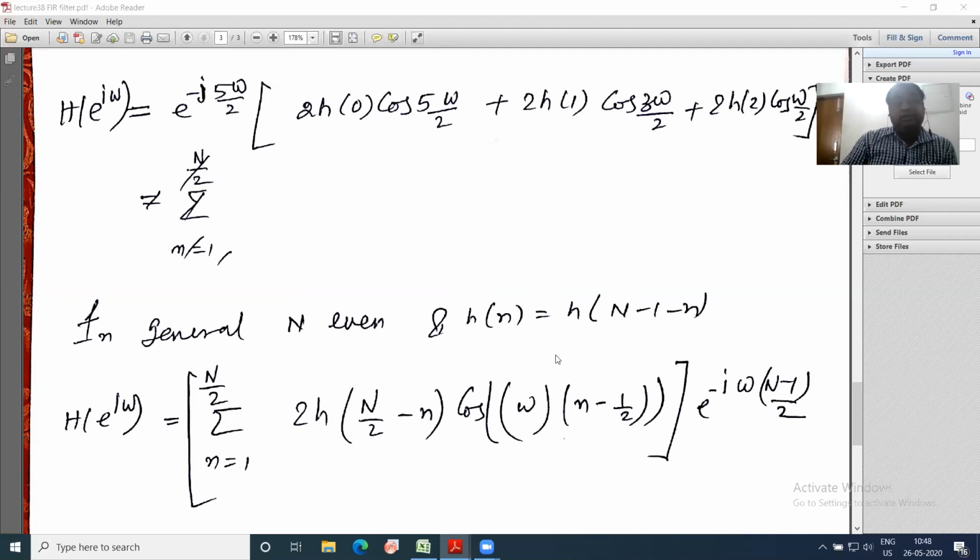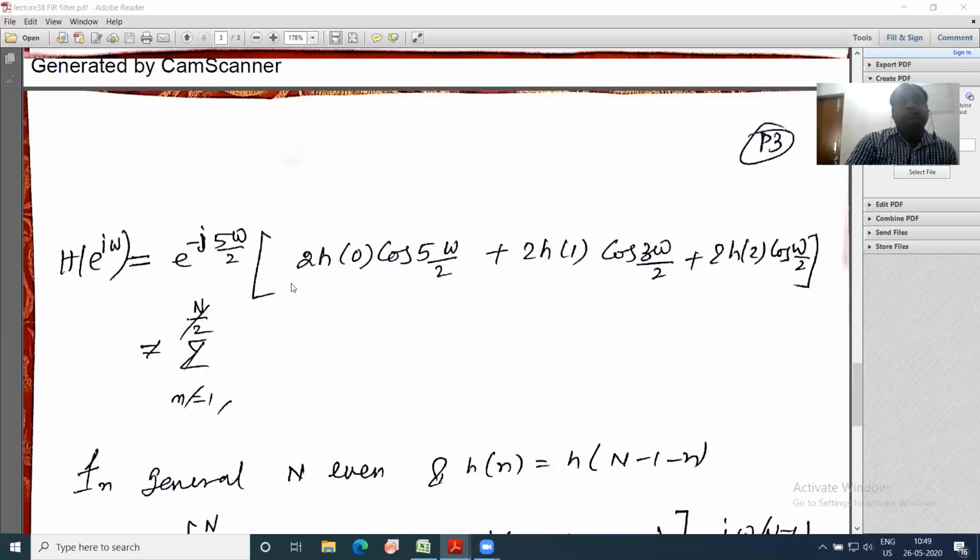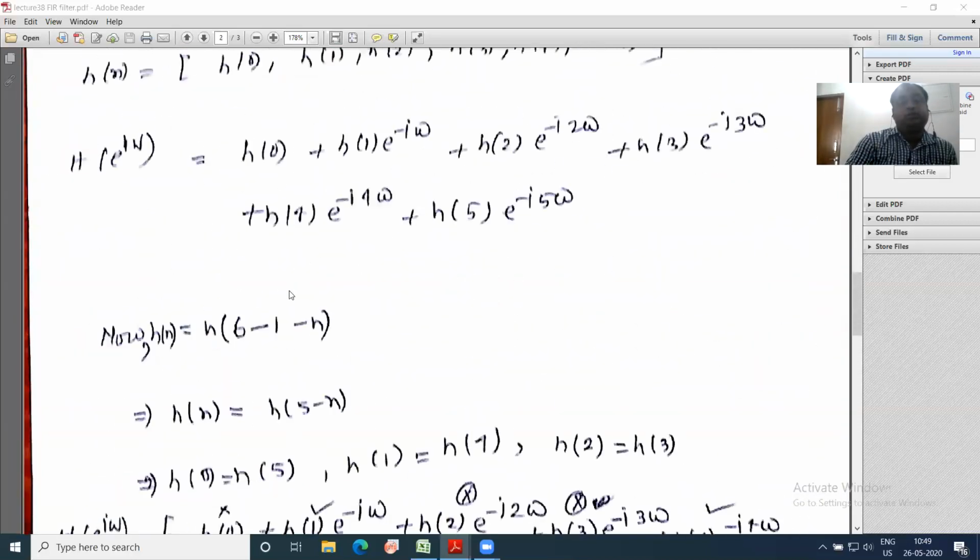Now what is n minus 1 by 2? N minus 1 by 2 means 6 minus 1 by 2, which is 2.5. So 2.5 is the center of symmetry for the symmetric impulse response.